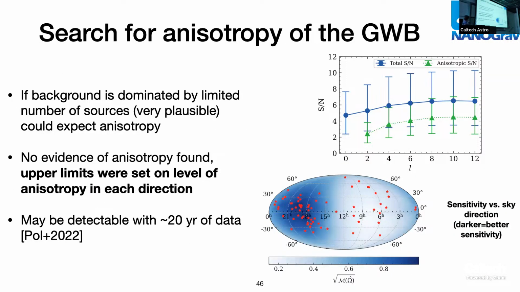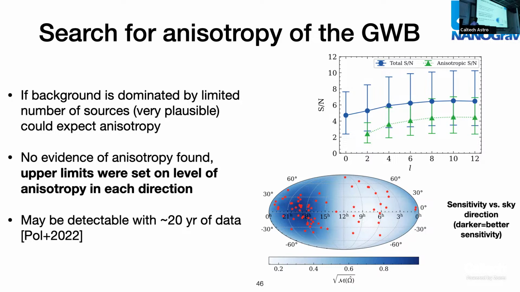You can also perform a search for generic anisotropies on the sky of this background. So at the moment, our evidence is for an isotropic background. There's no evidence of anisotropies on the sky, but it is very plausible that you might expect anisotropies, because if the signal is dominated by a limited number of supermassive black hole binaries, then you're probably going to be seeing hotspots on the sky corresponding to small numbers of supermassive black hole binaries.